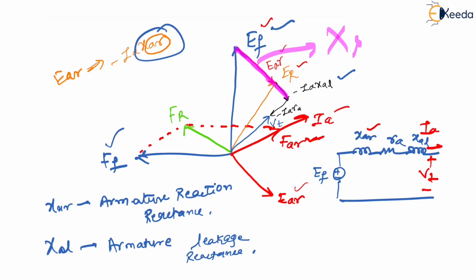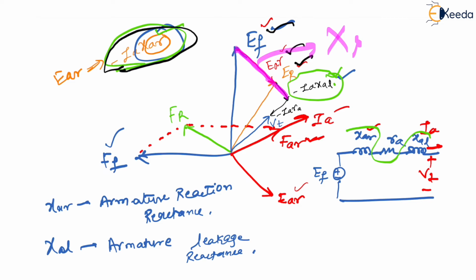Yes. Now, if I try to combine them, what happens? Let us see. Because I have basically combined here this IAXAR and this minus IAXAL, correct? So let me just combine this XAR and this XAL. What do I get? Before that, if you observe, this is your ER, correct? EF minus this EAR drop means EF minus IAXAR drop.